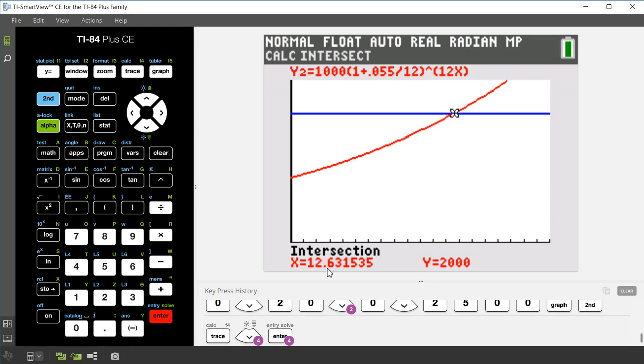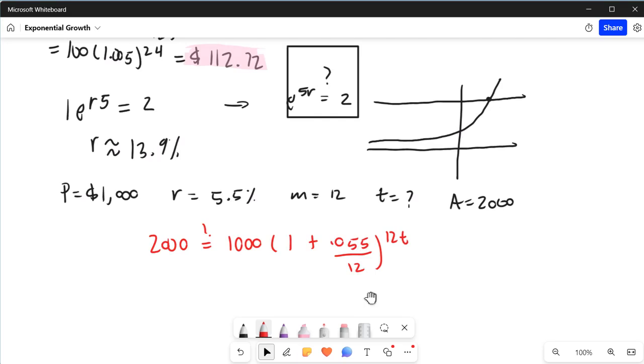So this is nearly 13 years, because after 13 years for sure, it would have doubled. If you want to say 12.6 years, you can. So the time for this one is approximately 13 years. After 13 years, the amount will double.